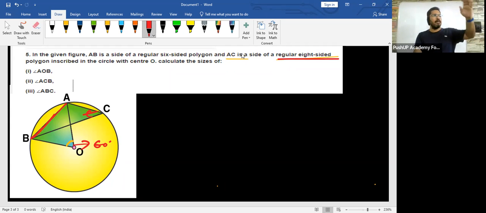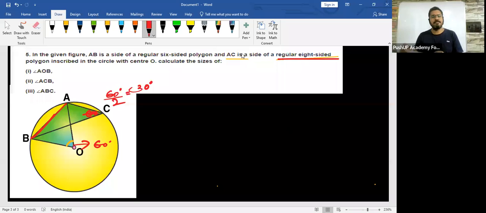Because see, AB is subtending how much at the center of the circle? 60 degree. They are asking you what is angle ACB. Anoki, what is angle ACB? It is the angle subtended by chord AB on the circumference of the circle. So this happens to be 60 by 2. That is equal to 30 degrees. Am I right? 60 by 2, which is 30 degrees.